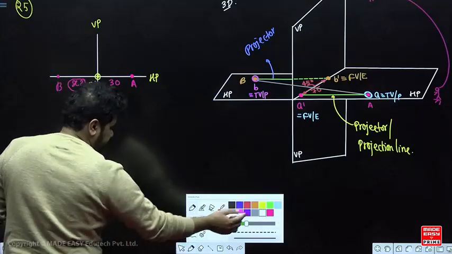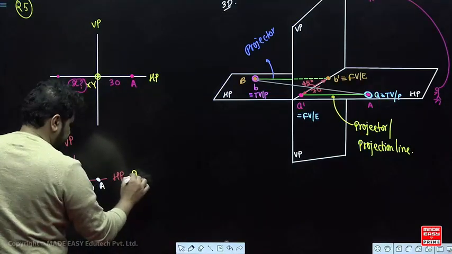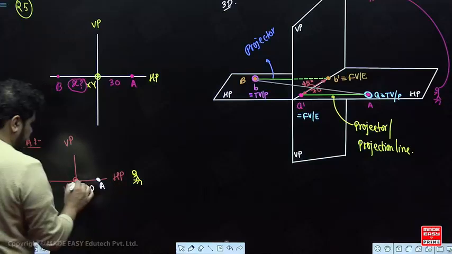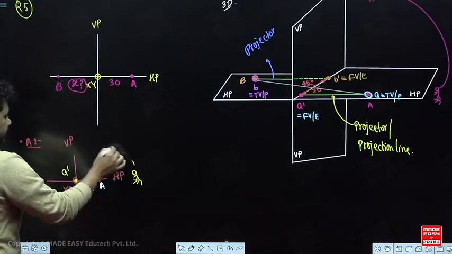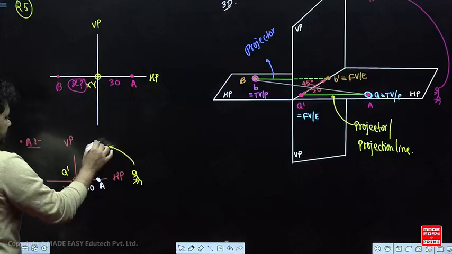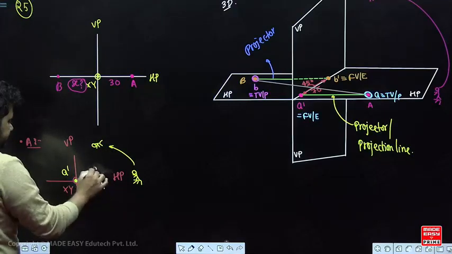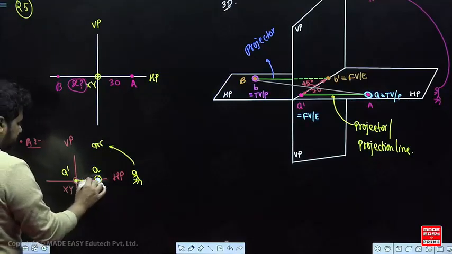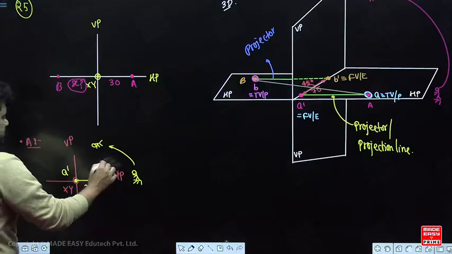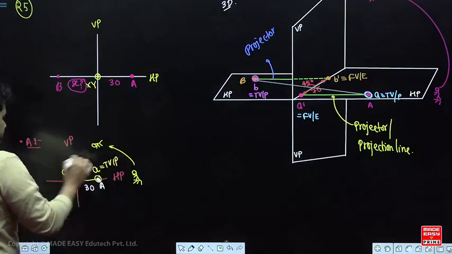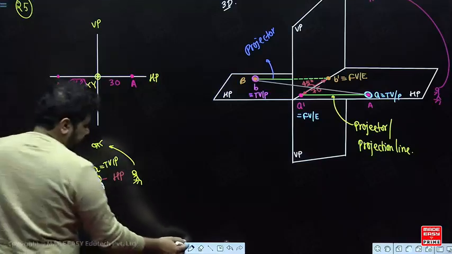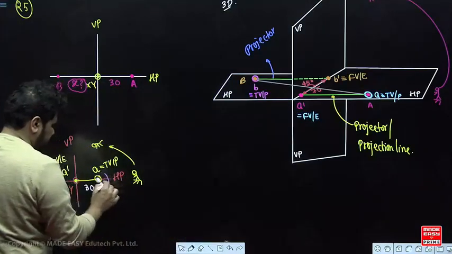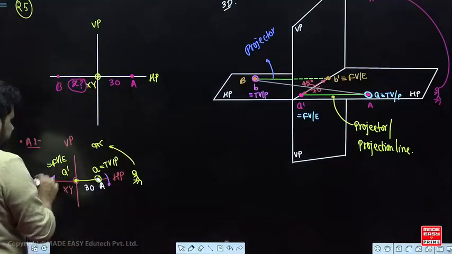Now if I say from the front, where the observation will be taken, A will come over here, this is your A dash, and from the top if I take observation, A will be here, correct, and the line joining them is called projector. So this is the top view or plan, and this is the front view or elevation. This is how we have taken. Now we know that HP is rotatable, so I will rotate HP clockwise, right.